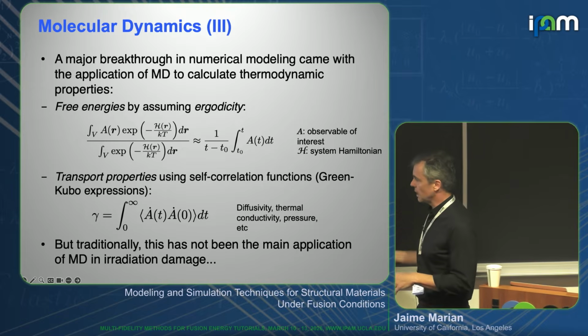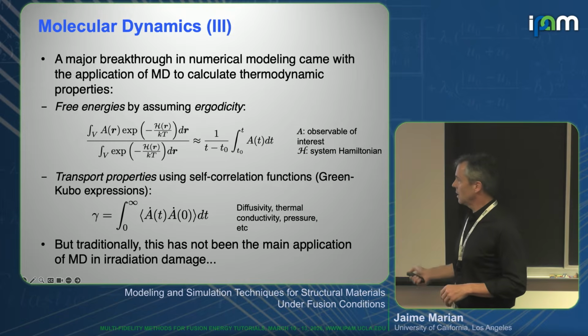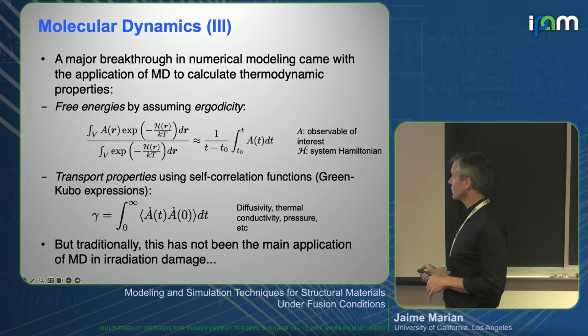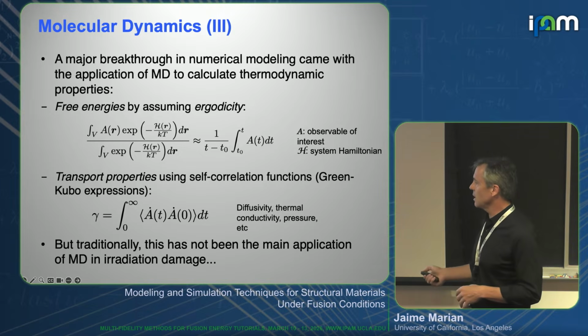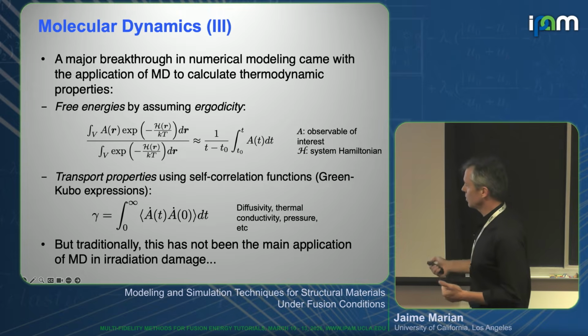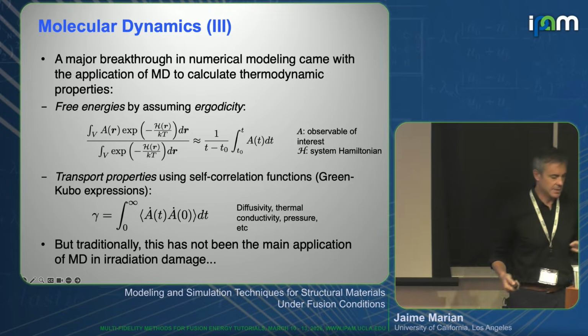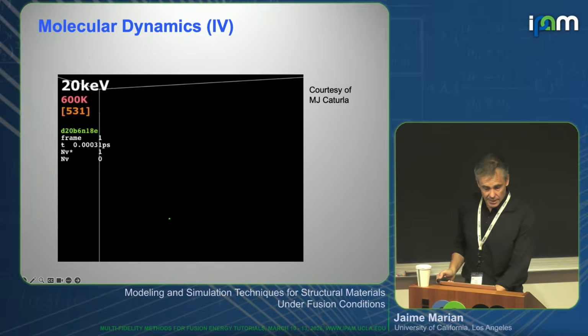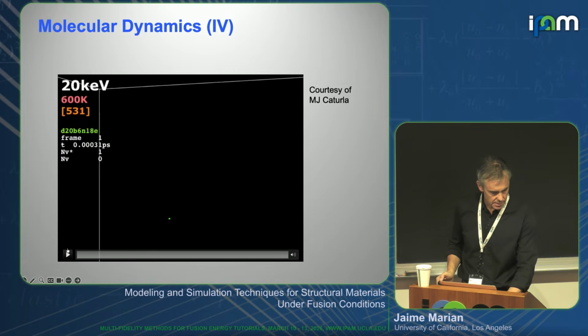And you can calculate ensemble averages, you can calculate time-dependent properties, you can use Green-Kubo theory and get things like the diffusion coefficient, the thermal conductivity, the viscosity, etc. of many materials. And they have allowed us to study, if I can play this, processes like this.